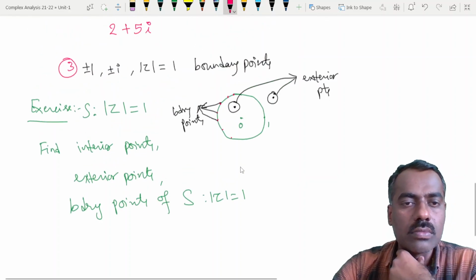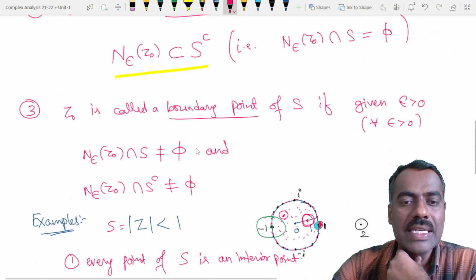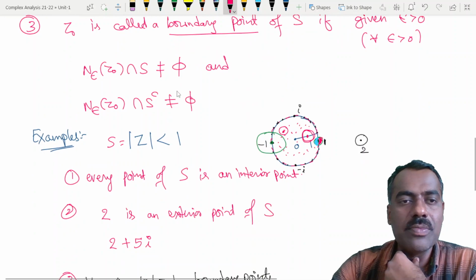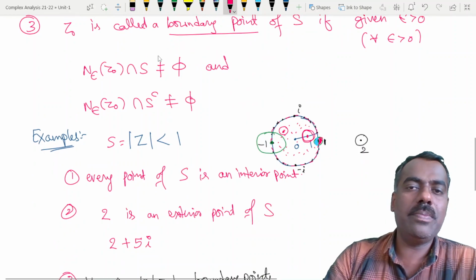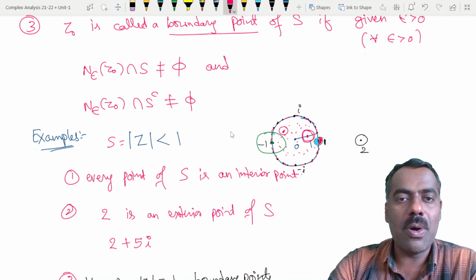So this set of boundary points of S is called the boundary of S. What is the boundary of S? It is nothing but the set of all boundary points.